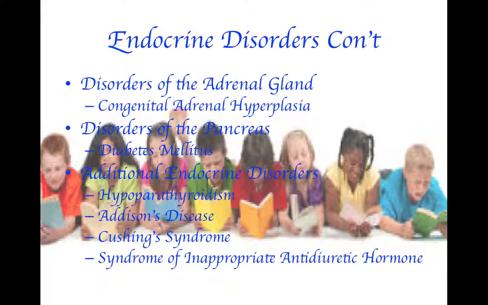Looking at disorders of the pancreas, we want to pay attention to diabetes mellitus, and I'm sure you guys are very much tired of hearing about diabetes mellitus, and you know it like the back of your hand. So we won't spend too much time on it. You know there's a type 1 and a type 2.